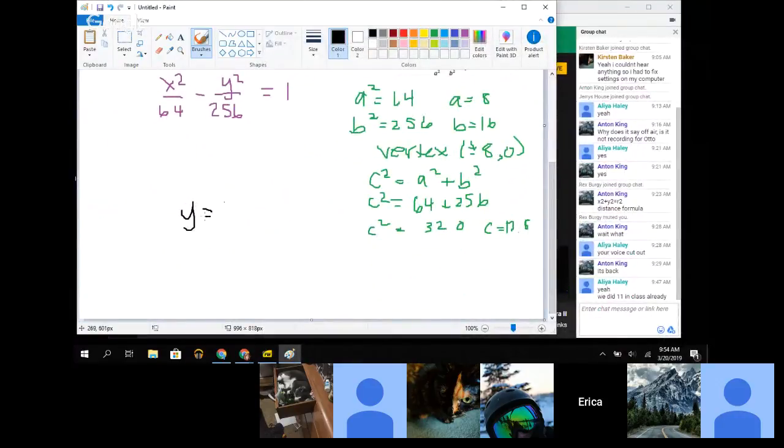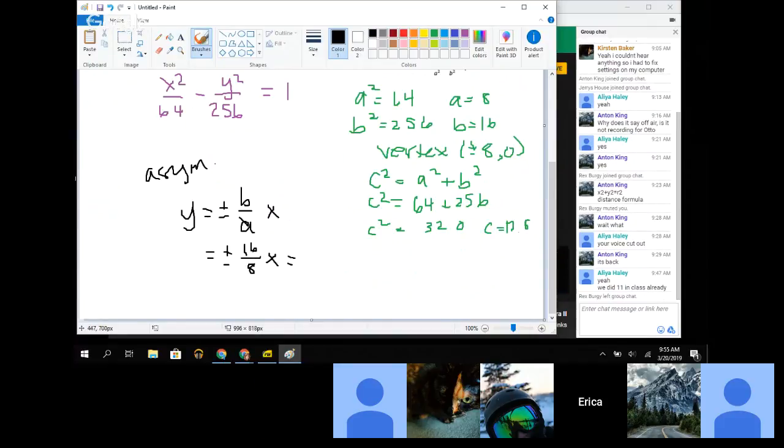Y equals plus or minus b over a times x. That's where your asymptotes are. So plus or minus b is 16, a is 8, times x. So plus or minus 2x is where your asymptotes are.